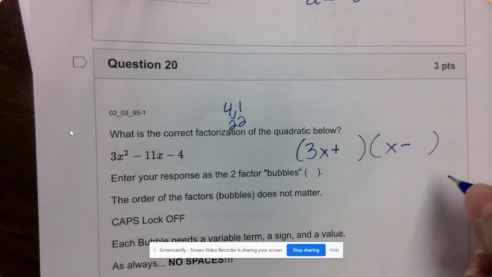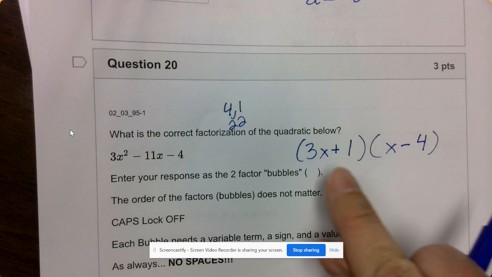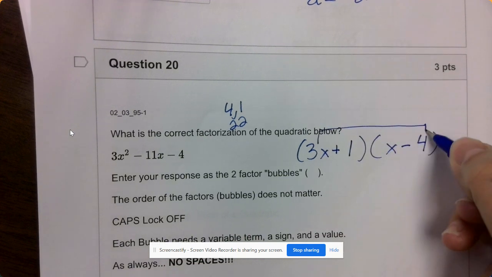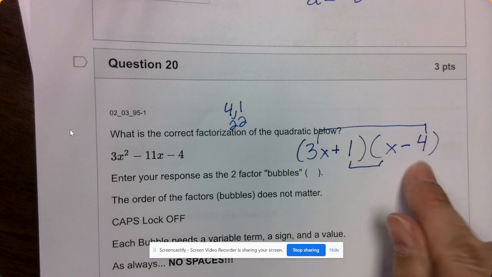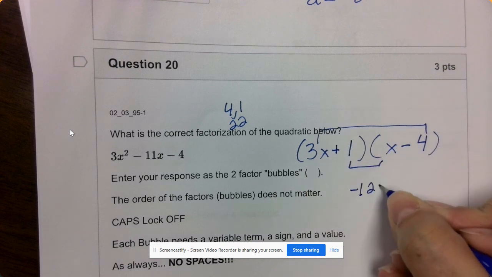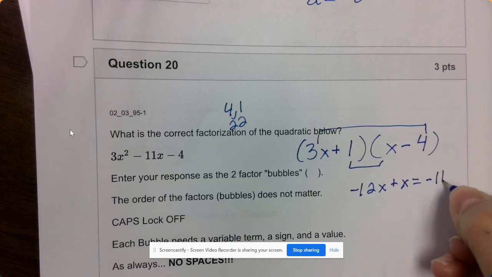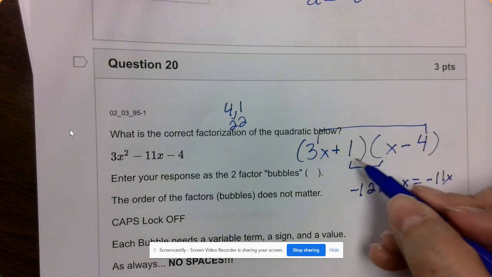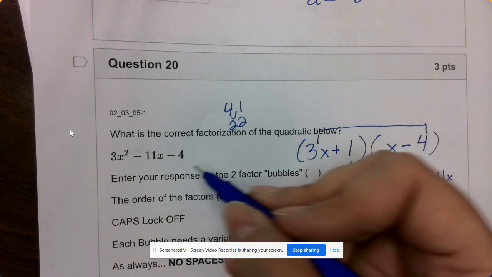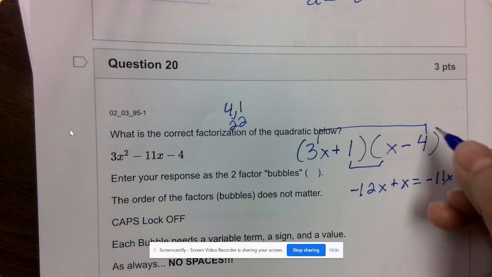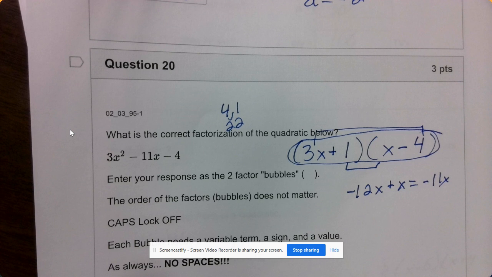We could try positive 1 and negative 4. If I check it, everybody, 3x times 4 is going to give me negative 12x, plus x is going to give us negative 11x. And 4 times negative 4 times 1 is going to give us negative 4. So this would be our factor bubble for this one. It does work. So everybody try different values.